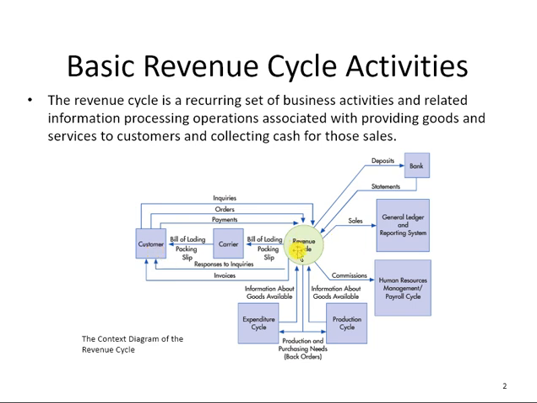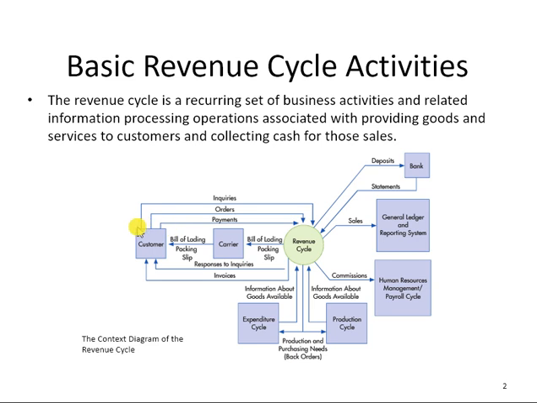The revenue cycle also deals with other cycles like the expenditure cycle, production cycle, HR cycle, and general ledger and reporting systems, and also banks. And we see data flows from sources to destinations through the revenue cycle process.